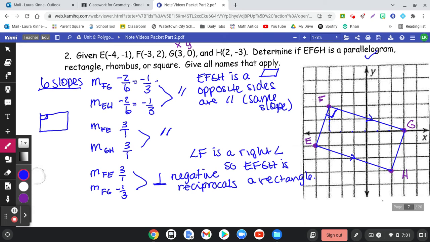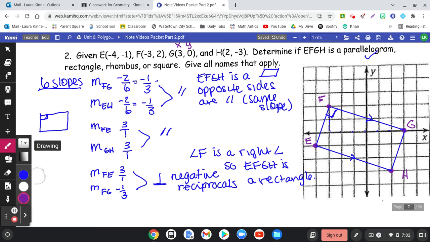All right. Now the last part of this, there's 2 ways you could go about it to show that it's a rhombus or not. It's obviously not a rhombus because the sides are not the same length. So you could either find the length of 2 consecutive sides and show that they're not equal, or you could find the slope of FH and GE, the 2 diagonals, and go that way. So I'll go that way just because that's the way I tend to go. Let's erase that.